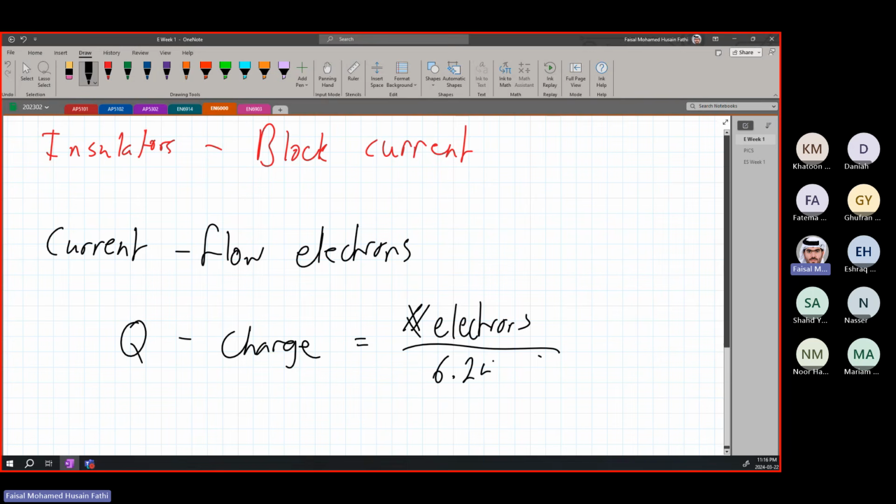I believe it's 6.24 times 10 to the 18, if I'm not mistaken. The idea is to just know that if something is charged, it has a specific number of electrons over this constant. So the unit of this charge, Q, the Coulomb: 1 Coulomb is the total charge of 6.24 times 10 to the power 18 electrons. That's the whole idea of it.